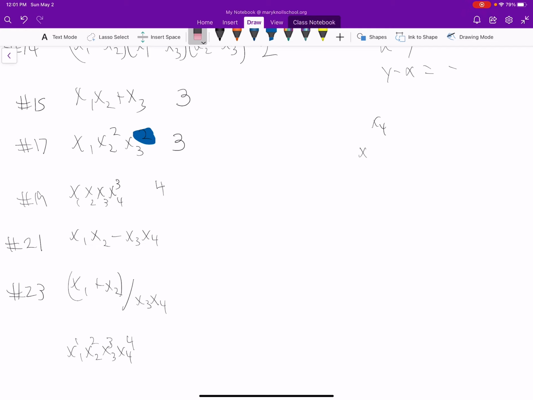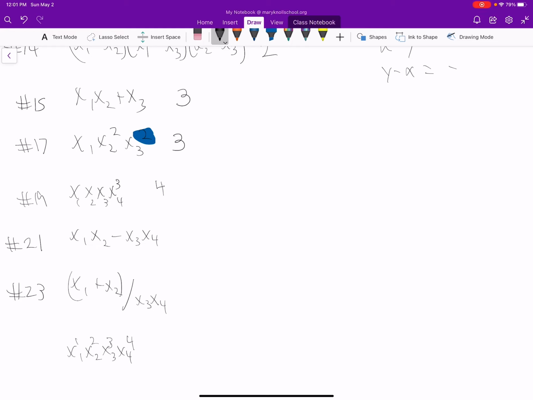I think 3. Let's check it out. Yeah, the back of the book says 6.